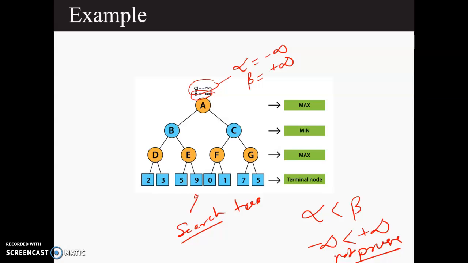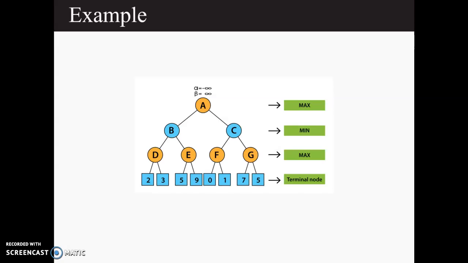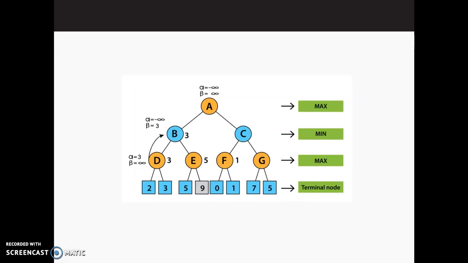Now at this stage, we will start traversing this search tree, and we will first traverse the left side, and then after completing the left side we will move to the right side.